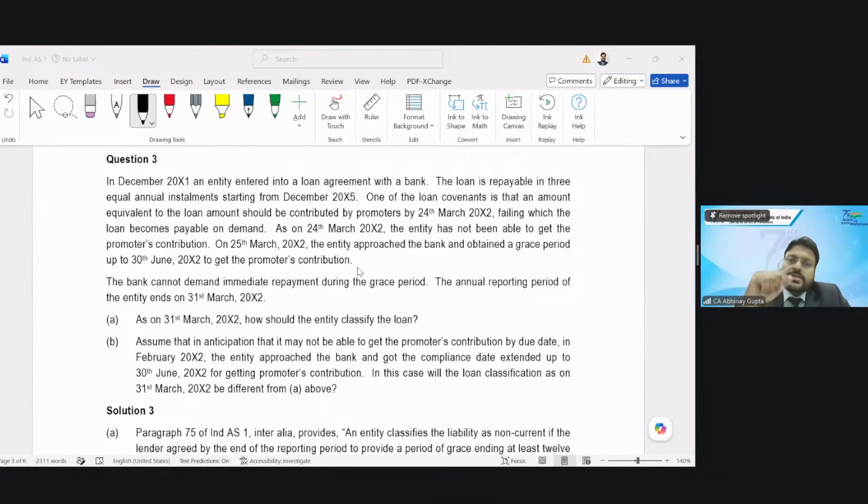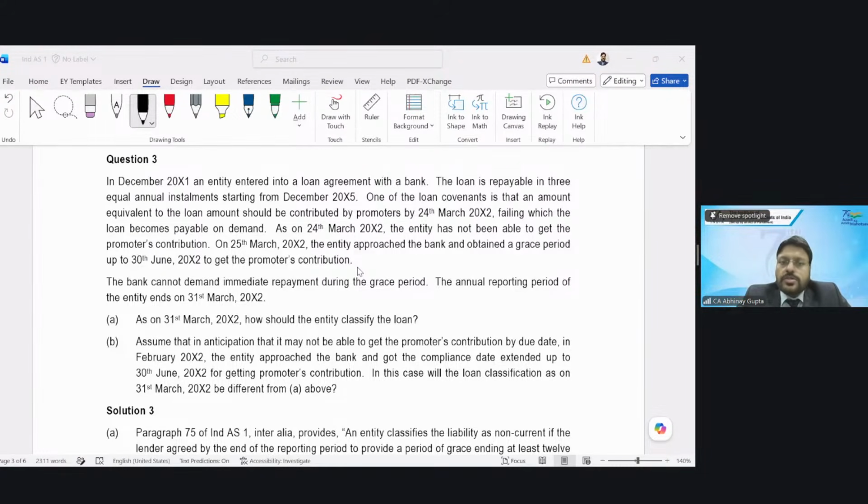Now, what happens if it is repayable within the next 12 months, but the entity wants to refinance it with the bank, and the discussions are going on? We have to see whether by the balance sheet date, that is 31st March 2026, the refinancing arrangement was signed between the entity and the bank or not.